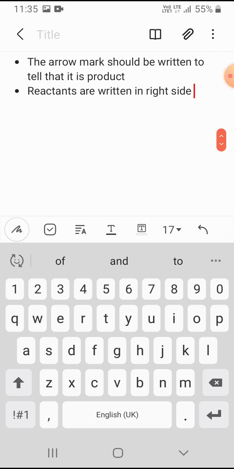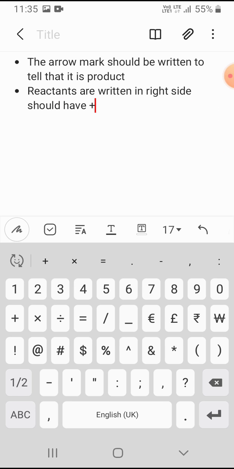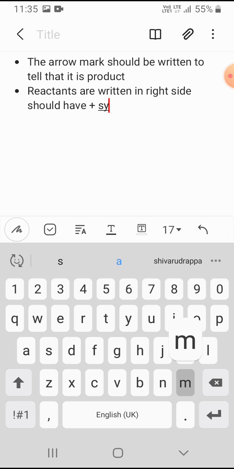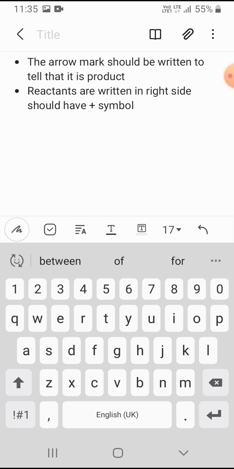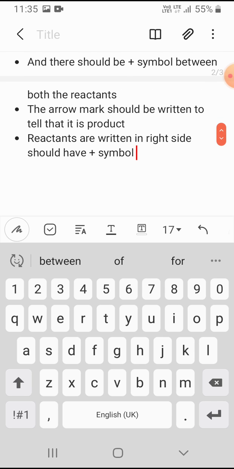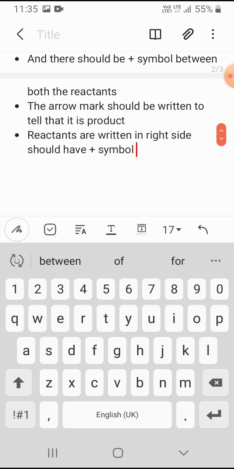Reactants should have a plus symbol in the middle, the same as the reactants on the left side.